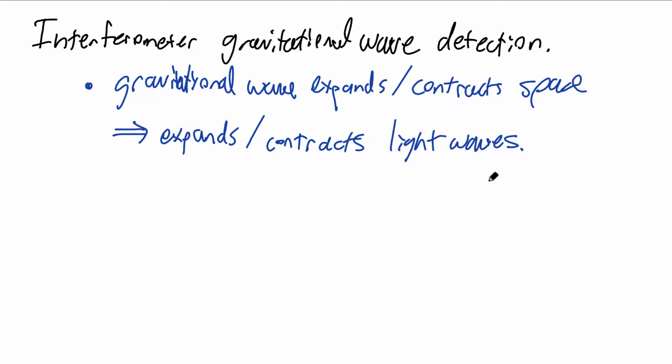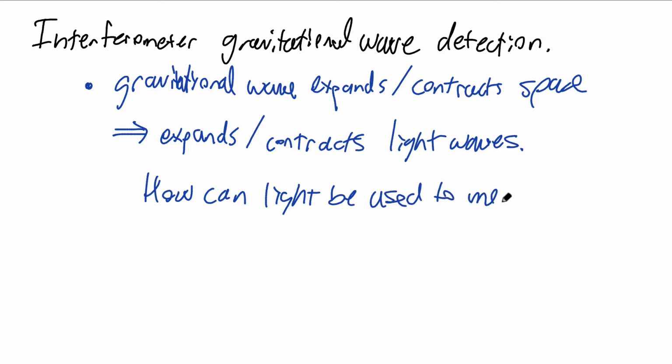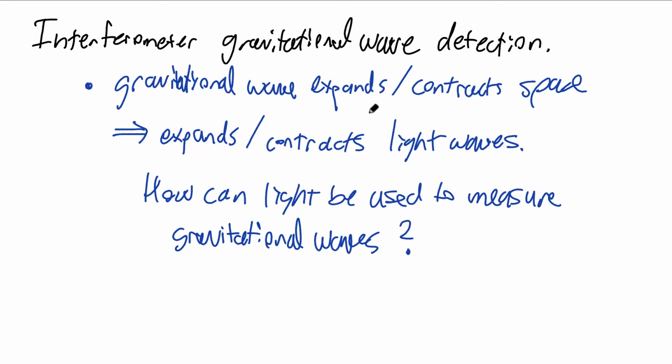In other words, it causes light to be redshifted and blueshifted. So if this is the case, then how can light be used to measure gravitational waves? I'll explain this misconception in more detail in a minute.